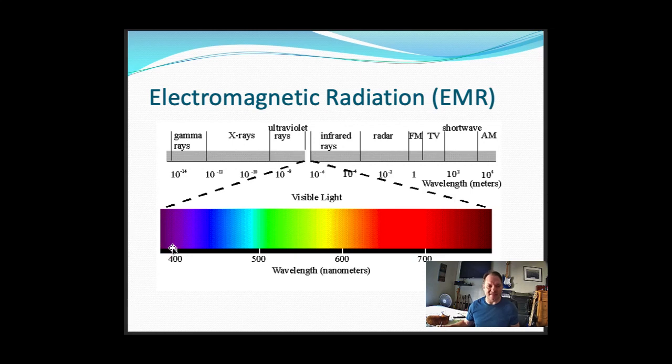And again, this is kind of in descending energy as we go across. We also have infrared radiation, radar, FM and TV, shortwaves, and AM radio is the lowest energy in that particular spectrum. So let's talk about wave mechanics a little bit.